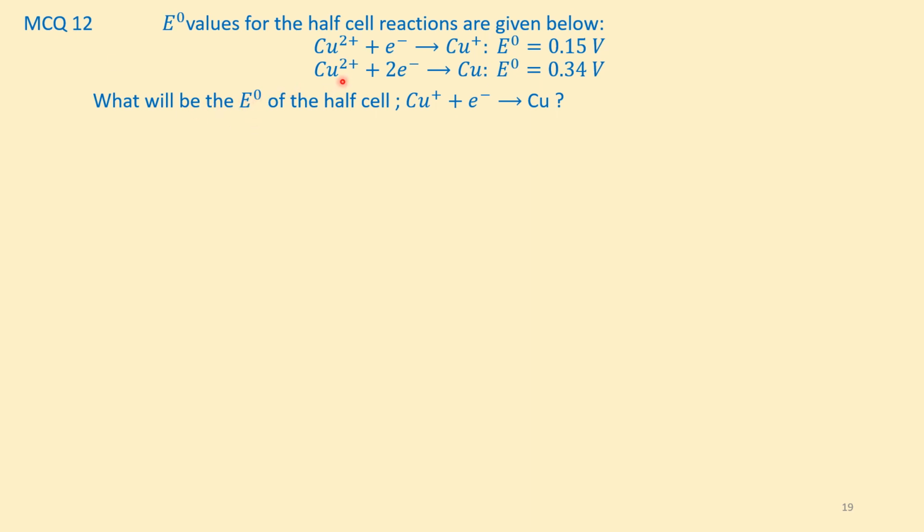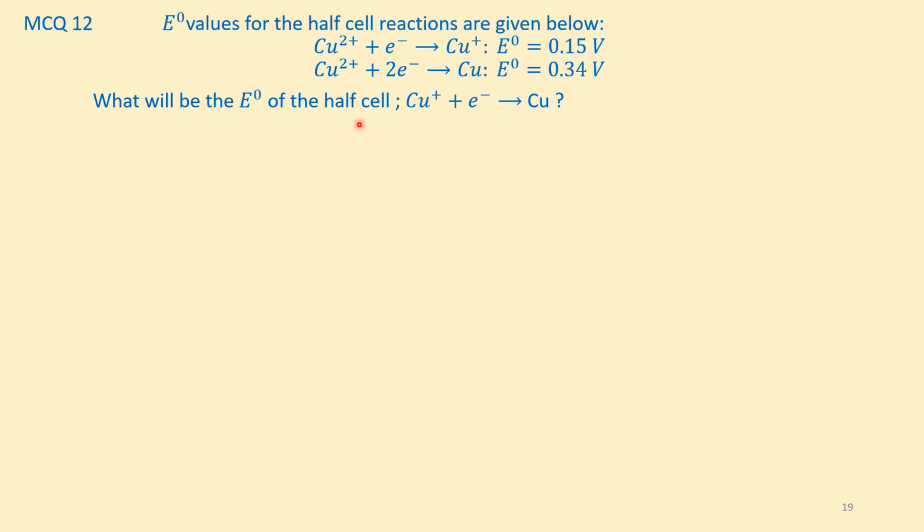E naught values for the half cell reactions are given below. Cu2+ plus e minus, that is reduction, gives Cu+, and for this cell E naught is 0.15 volts. Cu2+ plus 2e minus gives Cu and E naught is 0.34 volts. What will be the E naught of the half cell Cu+ plus e minus forming Cu?